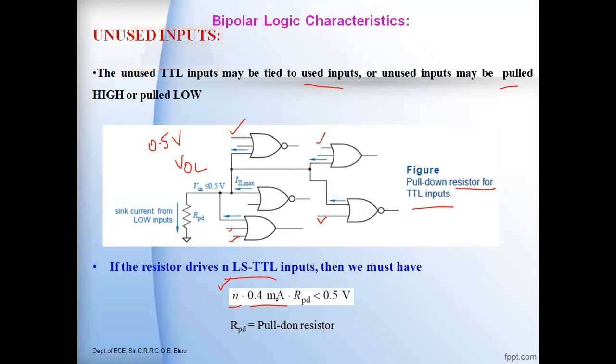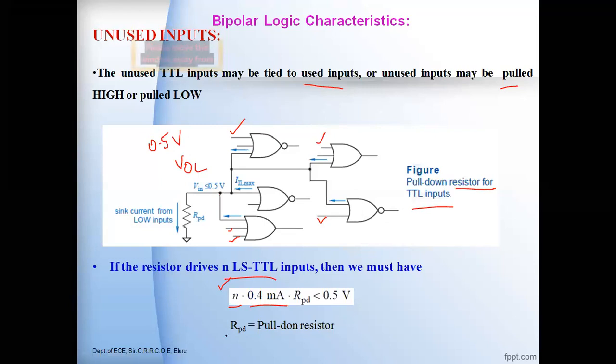From the data sheet, the IIL maximum value is 0.4 milliampere. It is the maximum rated current by the manufacturer. So now N into 0.4 milliampere into the pull down resistor value, this value must be less than 0.5 volts. If it is greater than 0.5 volts, it will not be recognized as a logic 0.